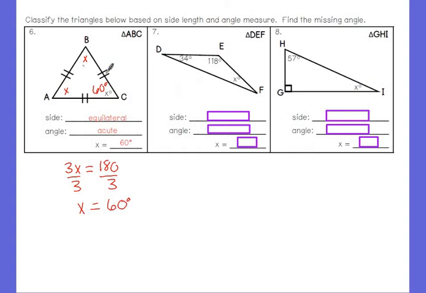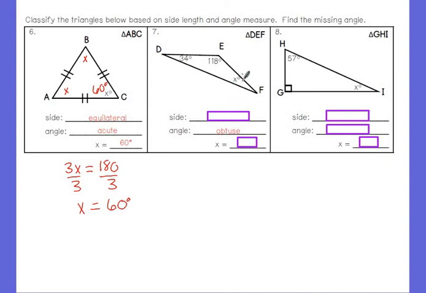If it was an equilateral, I would see all sorts of tick marks. So I'm going to skip side for right now and go to angle. And I see I have 118, which is an obtuse, and I said obtuse triangles always have 2 acute angles. This one's going to be an acute. So by the angle, I know this triangle is an obtuse triangle.